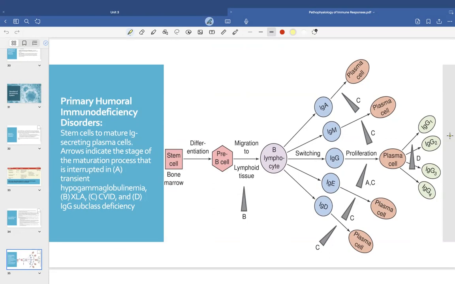B, you're going to see a problem with differentiation there. C is all the way out in the periphery into the plasma cells, and then D is the subtypes. So these are some of your different immunodeficiencies, and it has to do with your B cell differentiation and where the problem lies.